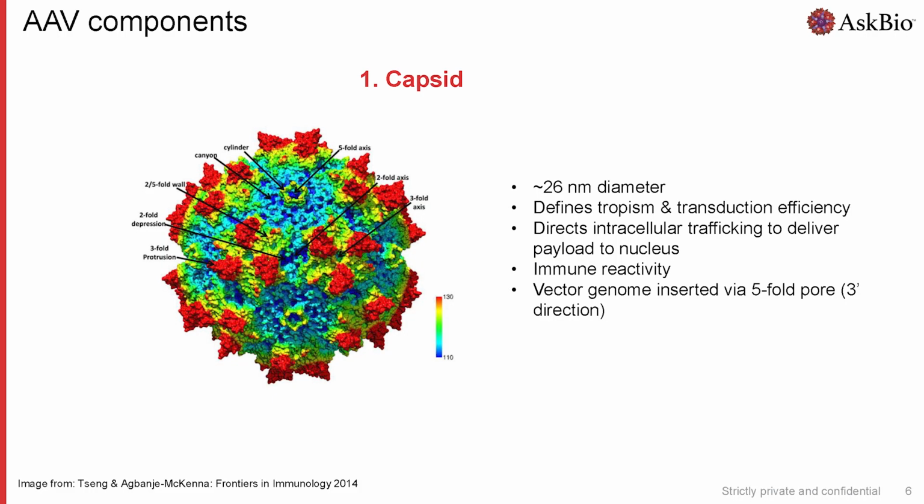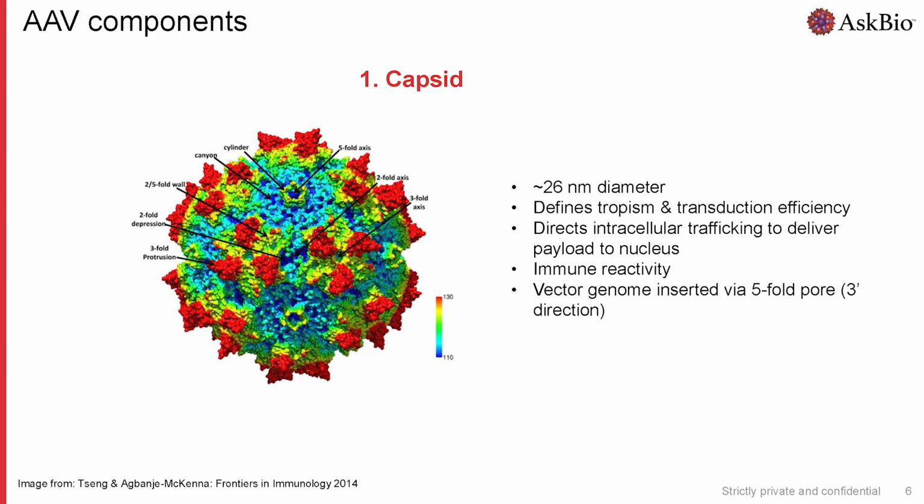So we need to dive a little bit deeper into the components of AAV, and basically there are two that we need to be aware of. There's the capsid. So it's the capsid that defines tropism, so what tissue you're able to target, and also the transduction efficiency, so how effectively can you deliver the DNA payload into the nucleus.